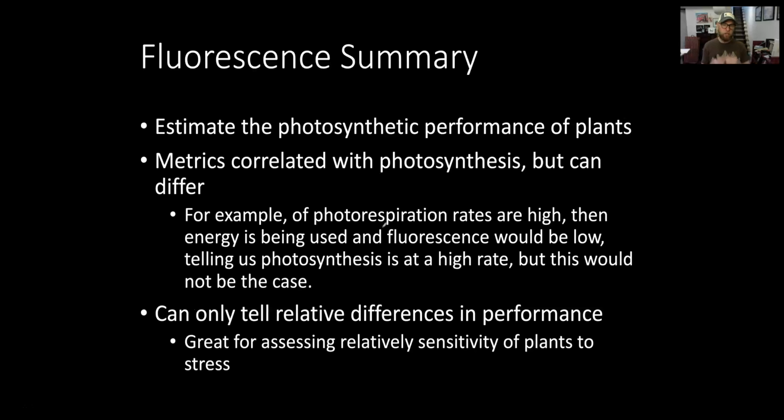So you do have to be a little careful in your interpretation using fluorescence. The other important thing to know, I guess this isn't really a summary, just some important notes, is that you can really only tell the relative difference in performance.